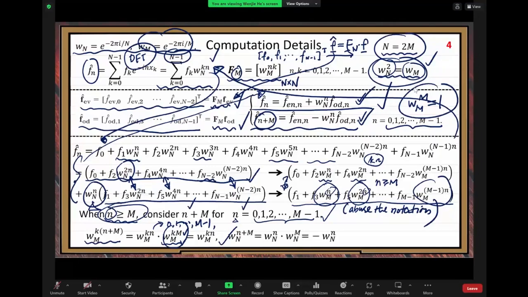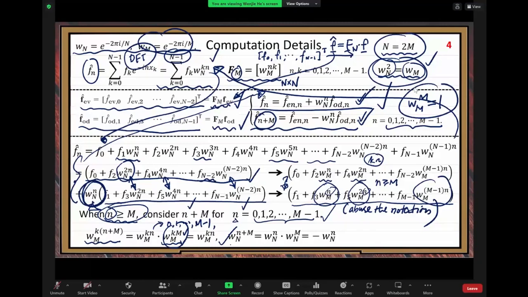But another important simplification: we need to look at the factor outside the parenthesis.